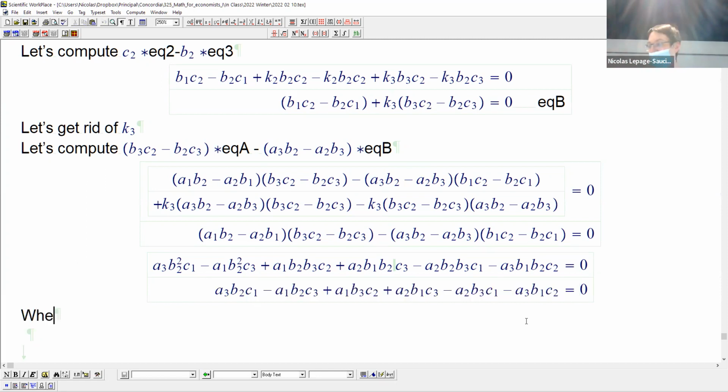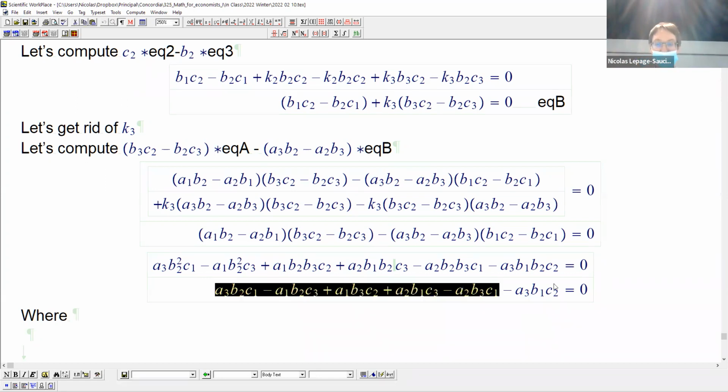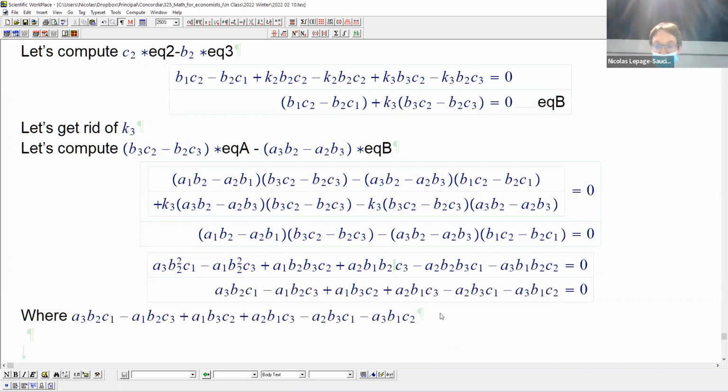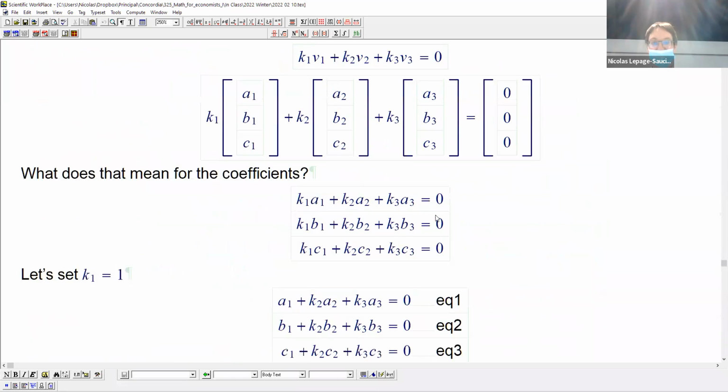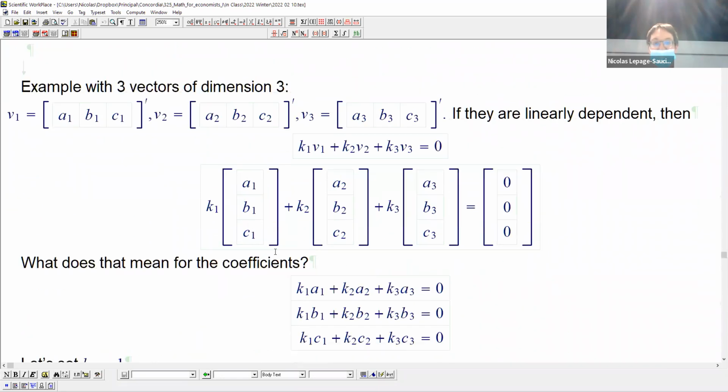So where? This expression is the determinant of the matrix that would be composed of the three of them.